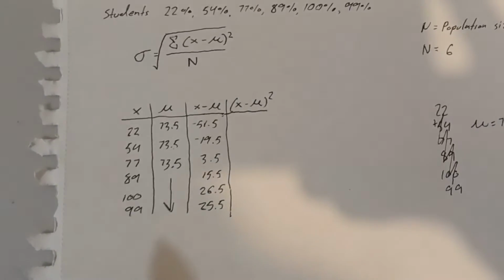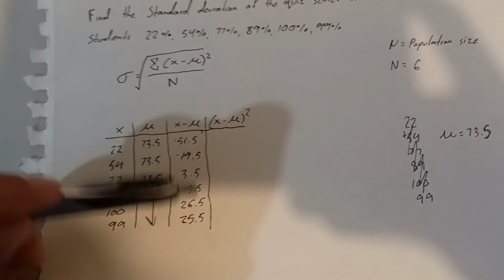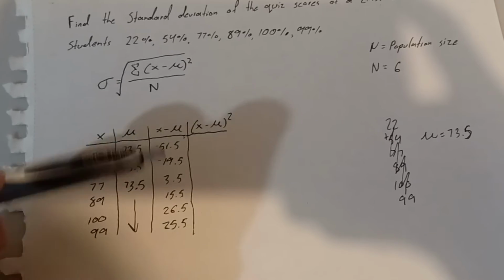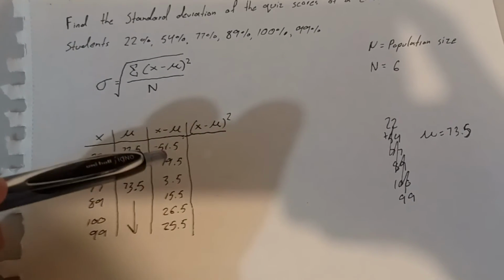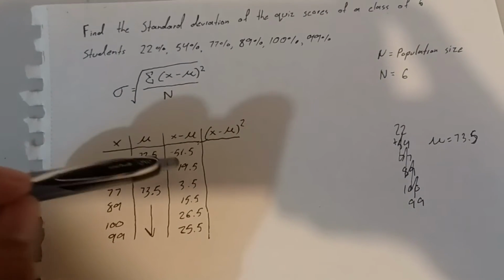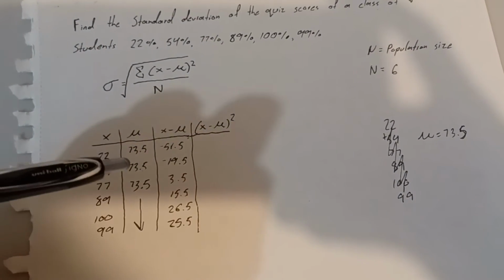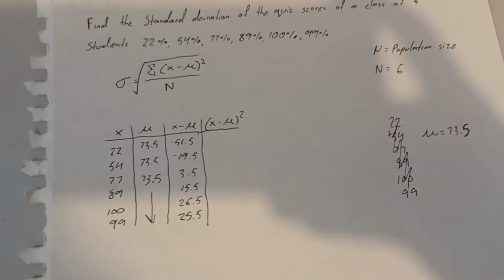So what does that mean? That means we're going to take all of the values under the x minus mu column, and each one of the values, we're going to square them. So 51.5 squared, we're going to write right here for every single one of them. So let's go ahead and do that right now.